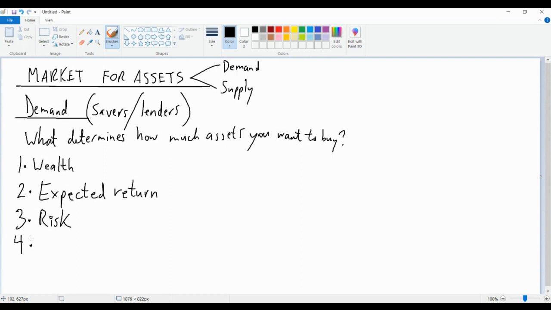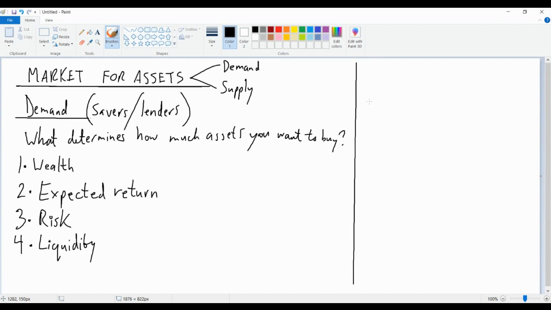Other assets are not as easy to use to buy stuff as money. And so liquidity is another thing that could vary across assets. So much for the demand.